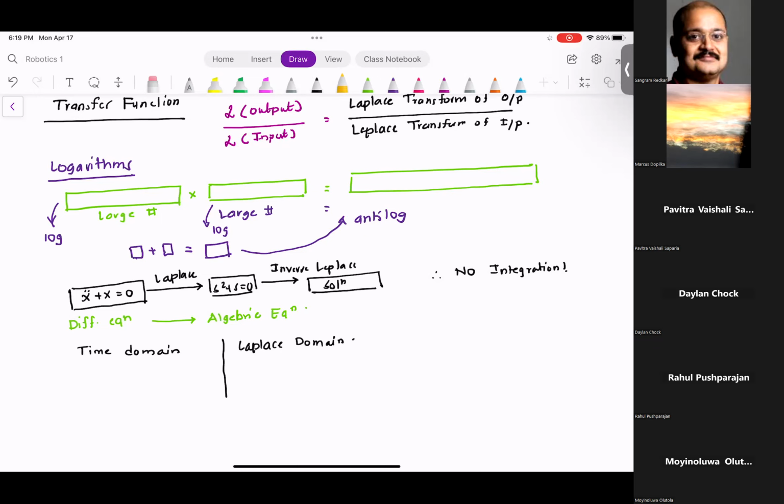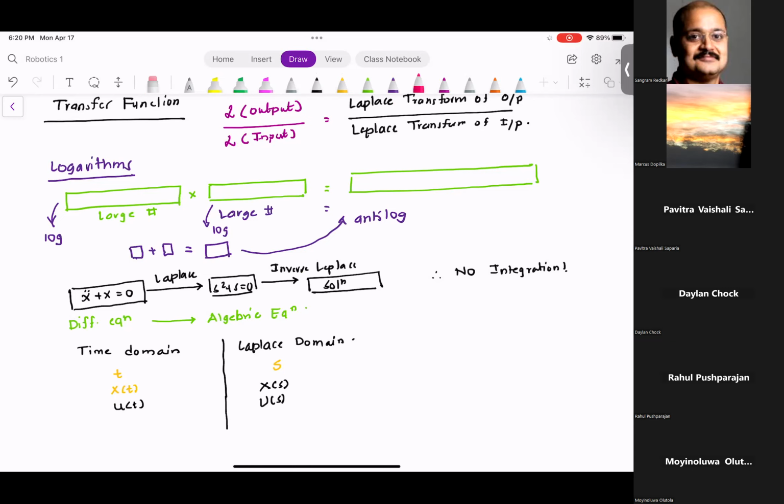In time domain, the independent variable is t. In Laplace domain, the independent variable is s. In time domain, it is x of t. In the Laplace domain, it is going to be x of s. In time domain, the input is u of t, and in the Laplace domain, it is going to be u of s.